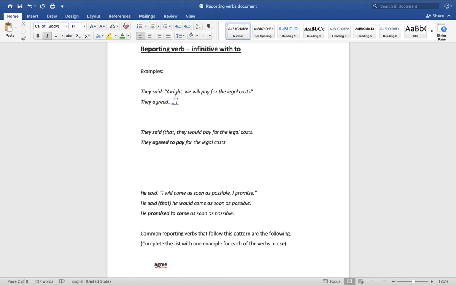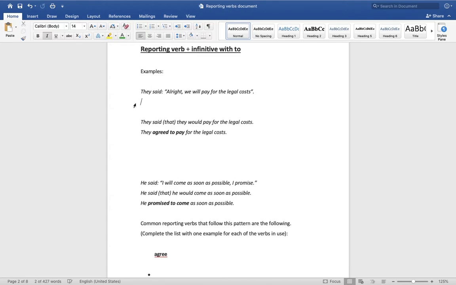¿Qué sentido tiene? Pues que esta oración, ¿vale? En cierto sentido expresa que alguien está cediendo. ¿Por qué? Por el all right, de acuerdo, ¿vale? Nosotros pagaremos los costes legales. Entonces se sobreentiende que esta persona está cediendo o que está accediendo y por tanto está estando de acuerdo en hacer algo, ¿vale?